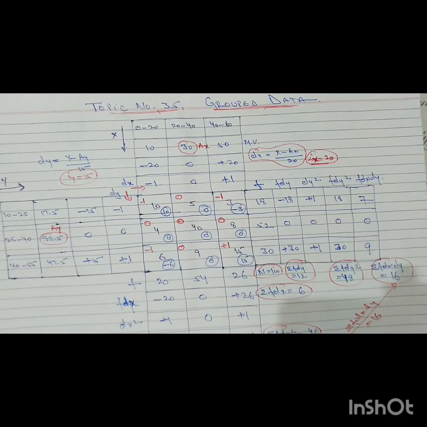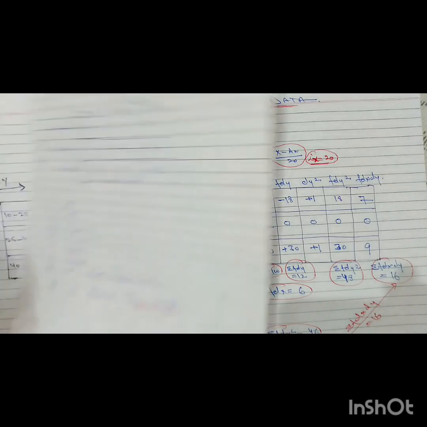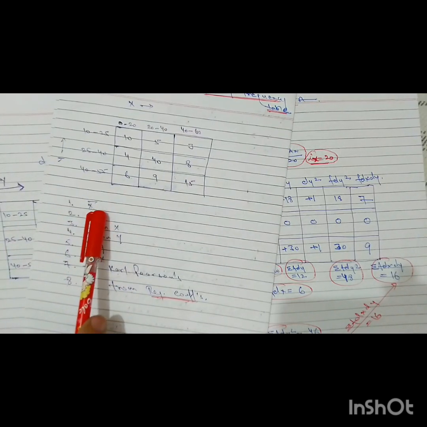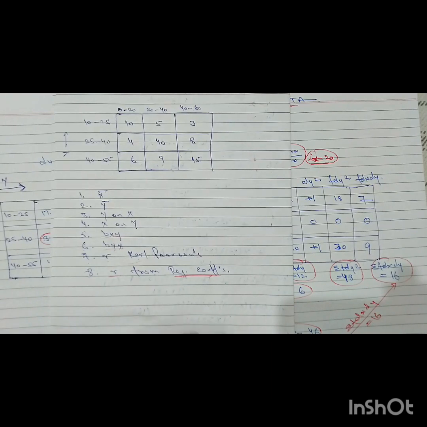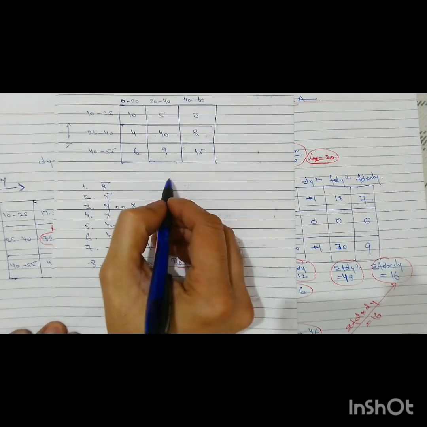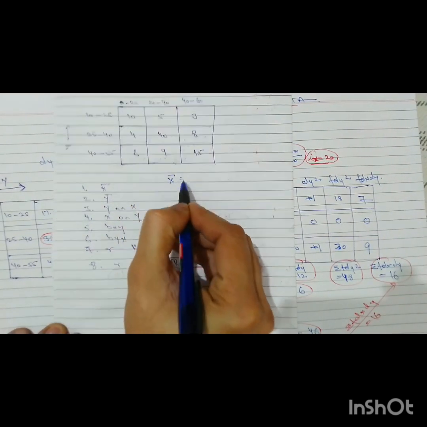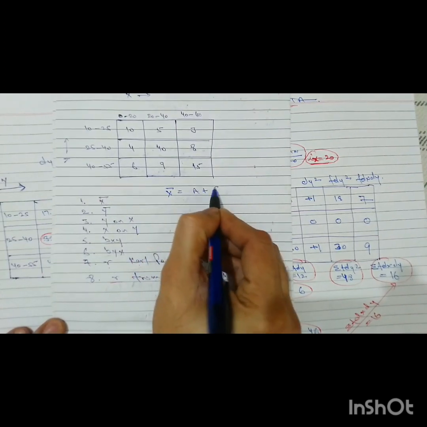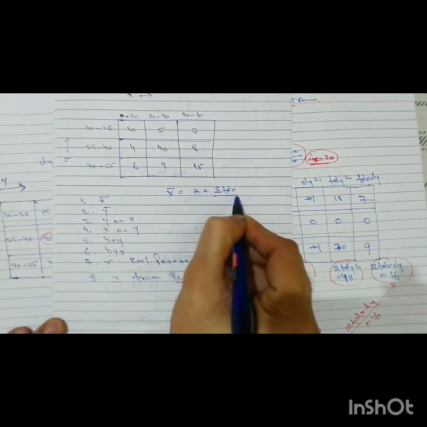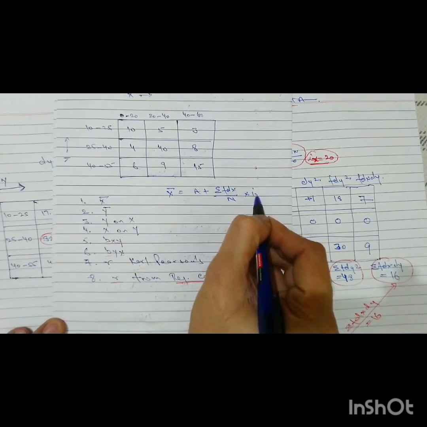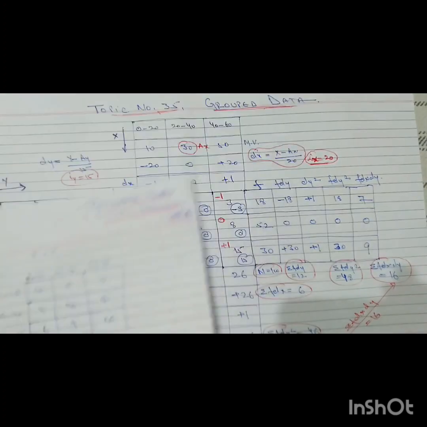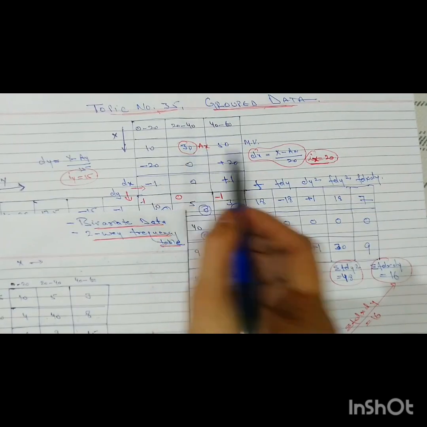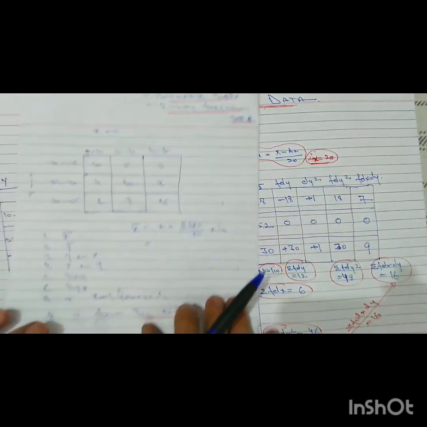Now from this, first we calculate mean of x. The formula is x mean equals a plus summation f dx over n into ix. A for x series is 30 and ix is 20.